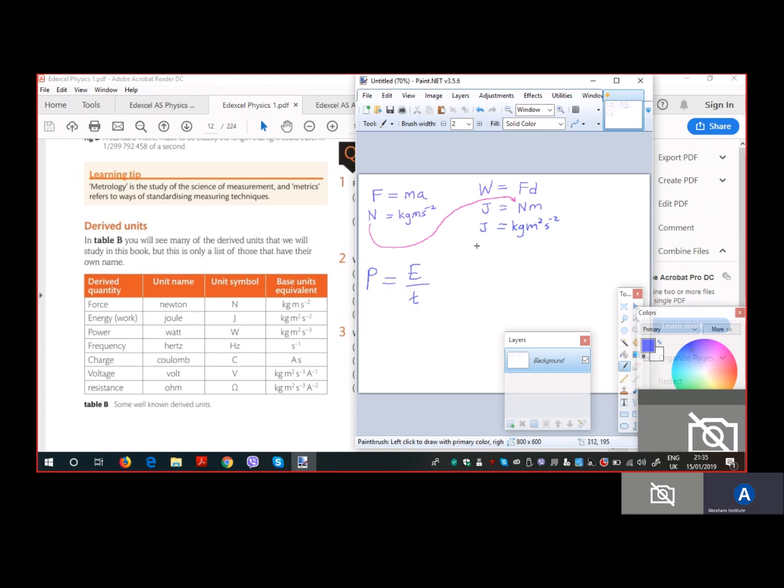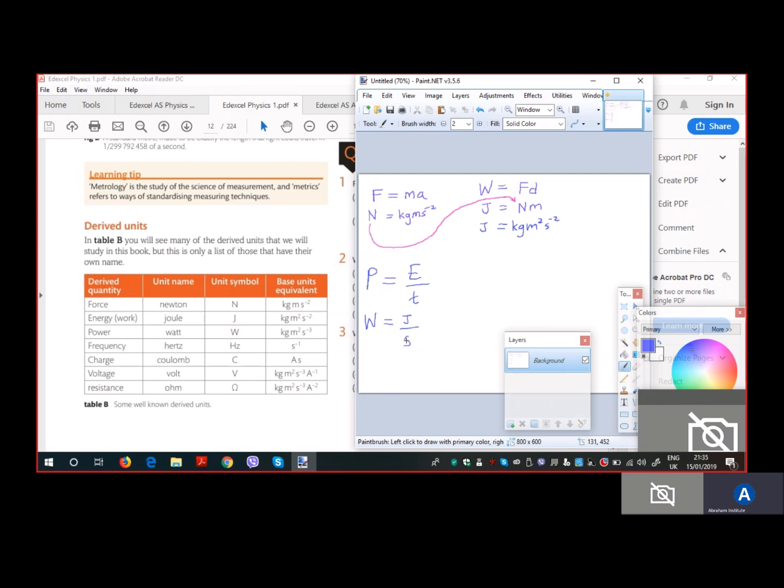Now don't write equals joule over second, because power is not equal to joule over second. The unit of power is equal to joule over second. That's also a common mistake students make. They write power equals energy over time, and then they write equals joules over seconds. So that means that power is equal to joule. Power is not equal to joule per second. It's a unit of power, which is equal to joules divided by seconds.